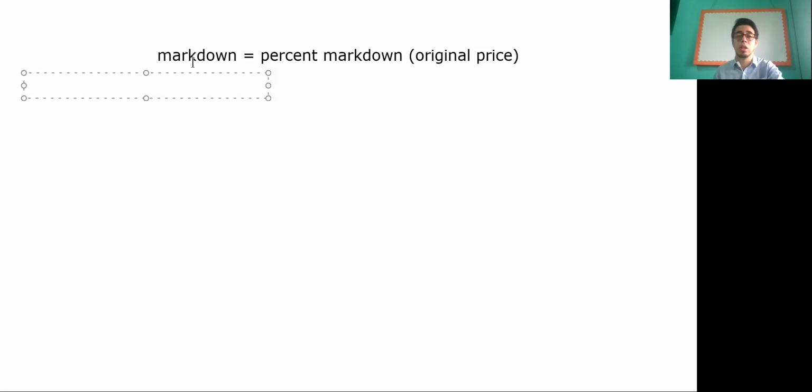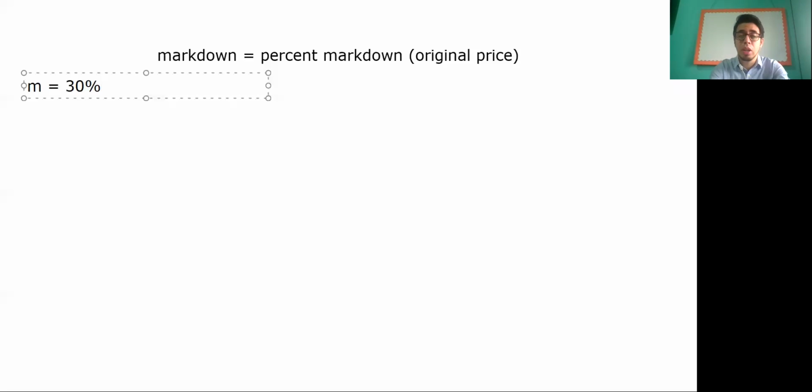We are going to use this equation, so I'm going to replace the facts we have to obtain the markdown. For the markdown, they use a variable m. We are going to keep the same variable. We don't have anything to change. And now we are going to multiply. For example, the percent of the discount is 30%, right?